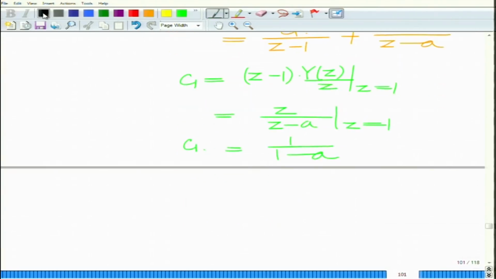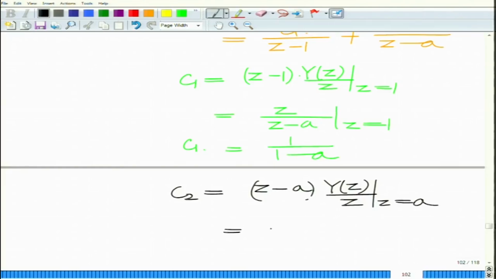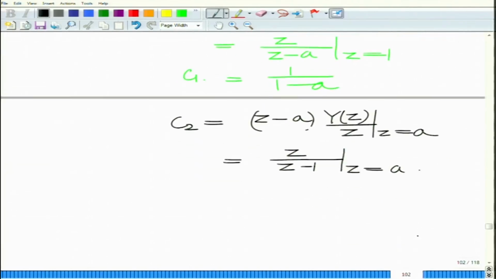Now, how about C2? C2 is basically the coefficient corresponding to the term (z minus a), correct. So, that is (z minus a) times Y(z) over z evaluated at z equal to a. So, this is basically z over (z minus 1) evaluated at z equal to a, which is a over (a minus 1), or basically minus a over (1 minus a).